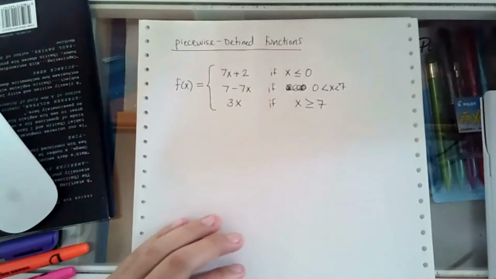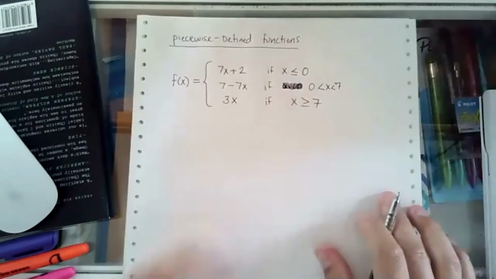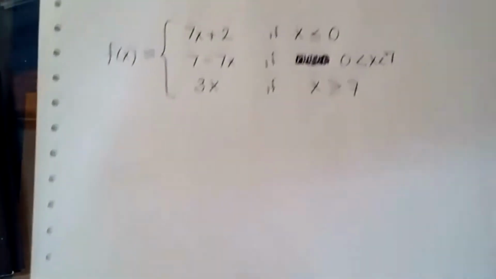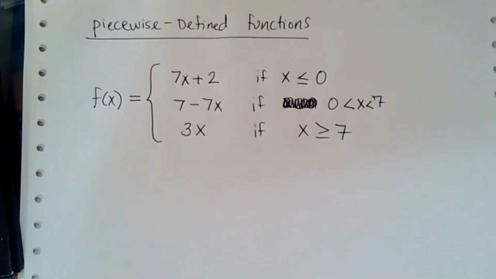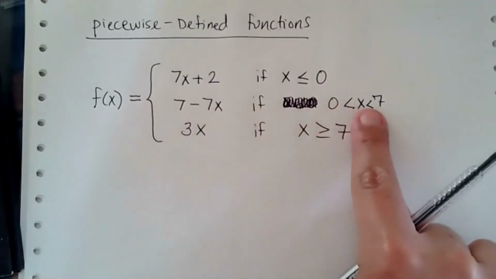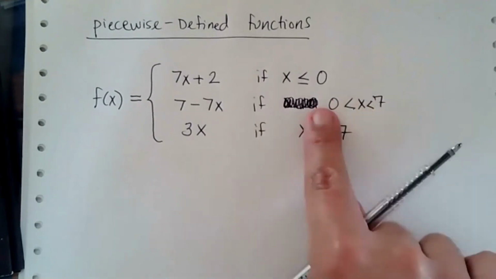Okay, and I apologize for having scratched this out. I just wrote something down wrong at first. So I'm going to zoom in real quick, take some time, look at that just for a second, write it down. And, what did you name the second one? Oh, if 0 is less than x is less than 7. Okay. Right? Or if x is between 0 and 7.